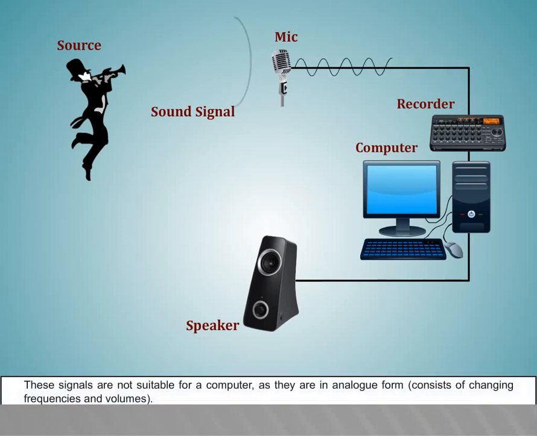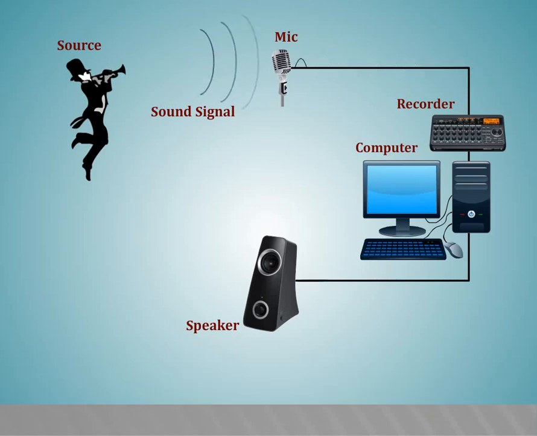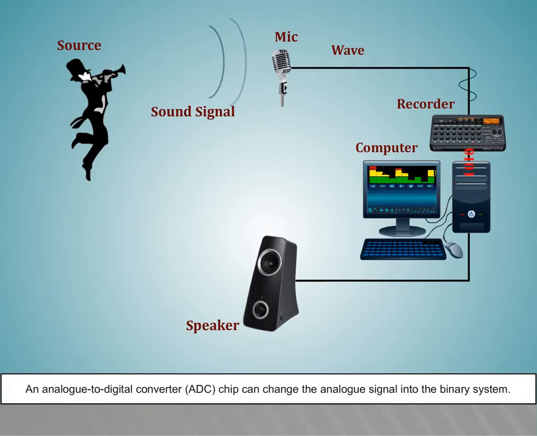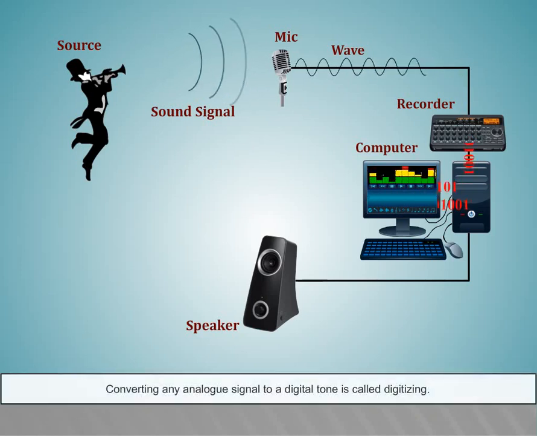These signals are not suitable for a computer as they are in analog form, that is, they consist of changing frequencies and volumes. An analog to digital converter, that is an ADC chip, can change the analog signal into the binary system. Converting any analog signal to a digital tone is called digitizing.